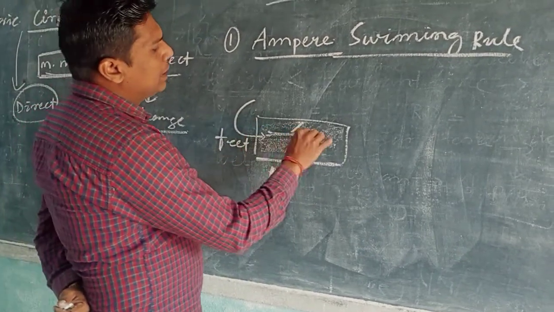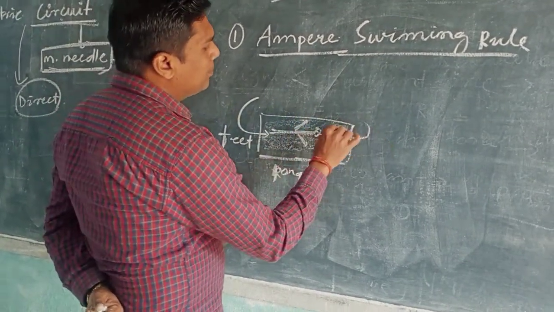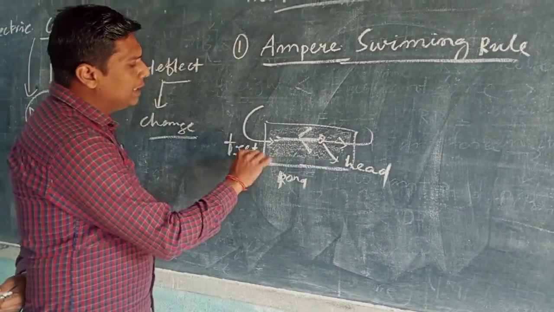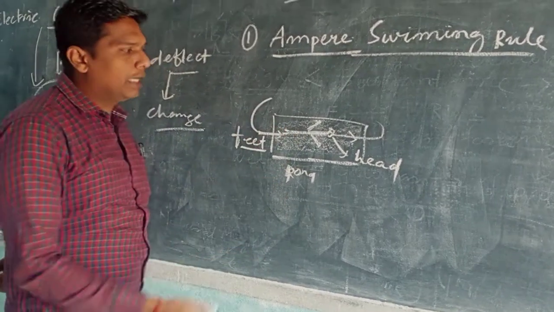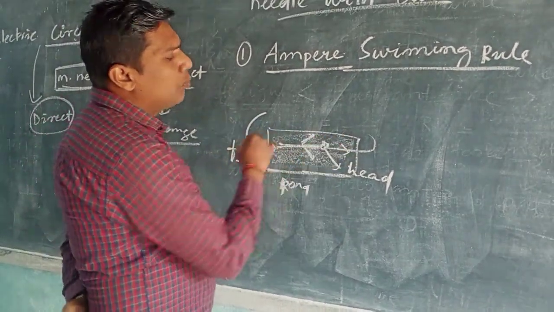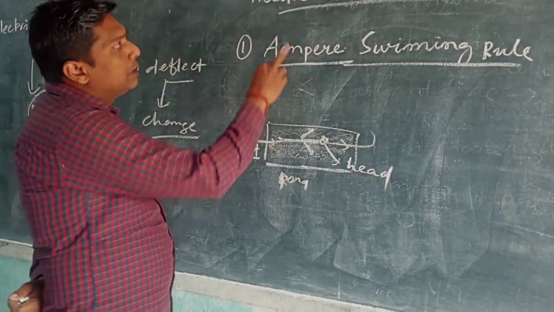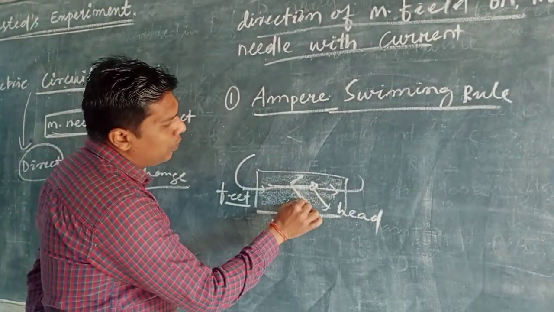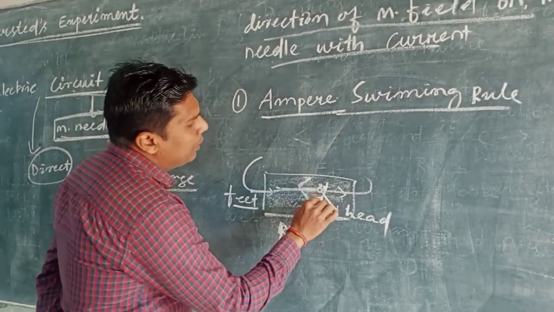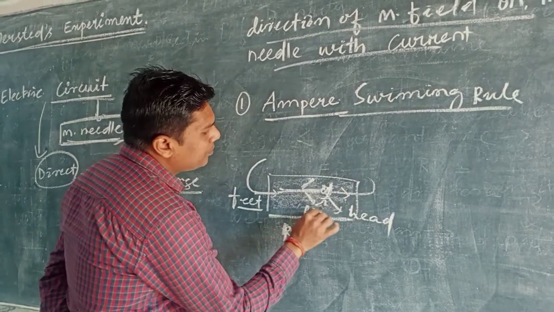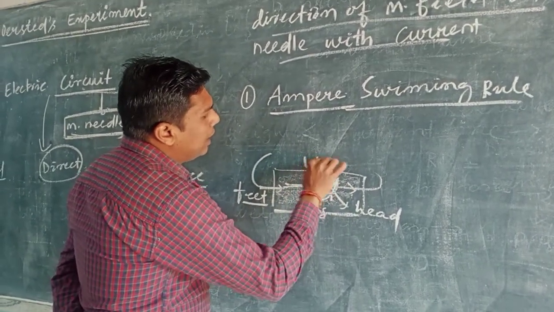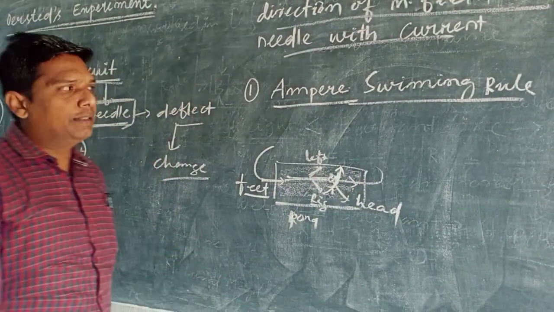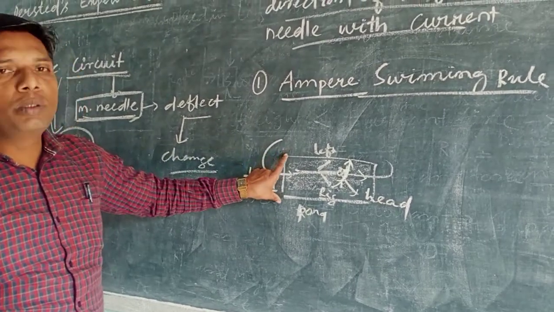Then this current passes through our head. So if current is entering through our feet and going out through our head, at that time the direction of magnetic field is produced on the left side, from right to left. This is our right hand, this is our left hand. So in this case, the needle will start to deflect towards the left side. So this is Ampere's swimming rule.